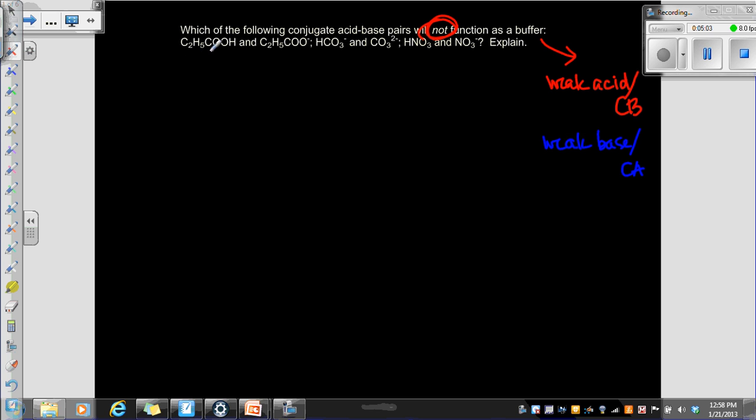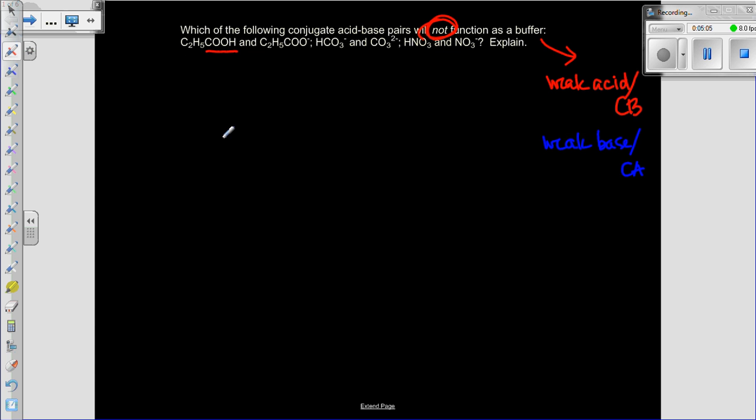So this first one, remember this C double bond OOH, that's a carboxylic acid. And this is not part of the strong acids, like HCl, HNO3, H2SO4, so this is a weak acid. Now, if we removed a hydrogen from this, we would get this acetate anion, so this would be the conjugate base. So because you have a weak acid and its conjugate base, this first pair would make a buffer.